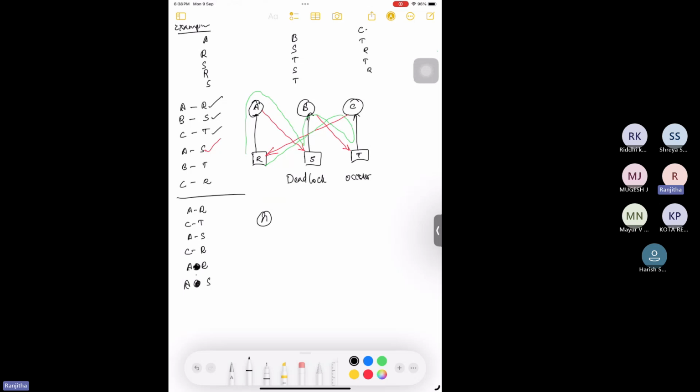We will have A, B, and C, and R, S, and T.